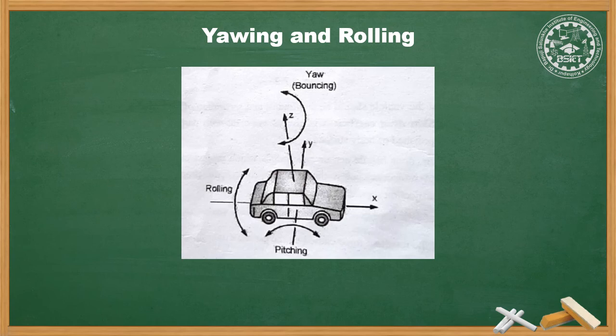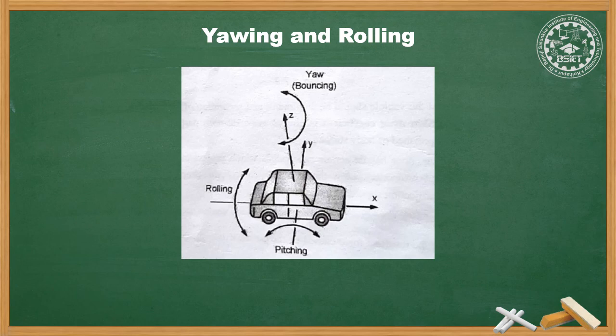The bounce is known as front end bounce or rear end bounce. Basically, yawing movement is nothing but the bouncing of a vehicle over a speed breaker, or the bounce yawing, as the name says, seesaw, up and down movement of a vehicle.